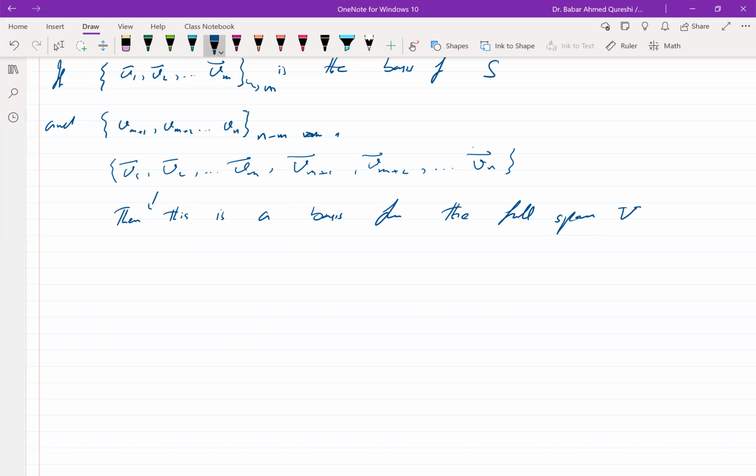So that means these vectors among themselves are linearly independent. This is guaranteed to me. And this is kind of obvious from what we had done before, that if they are orthogonal to each other, then they are linearly independent. They have to be linearly independent. They have no other choice.